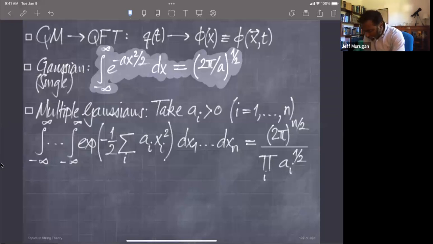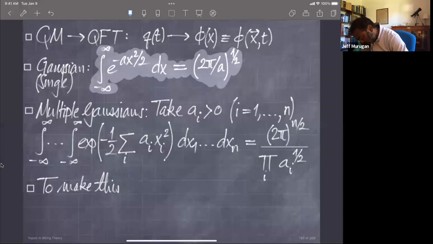We can do this by making the following definitions.